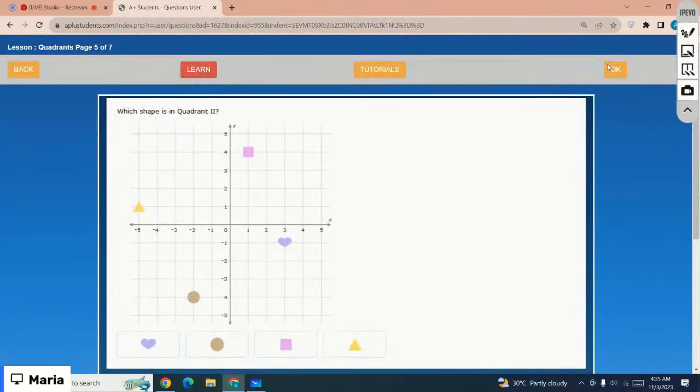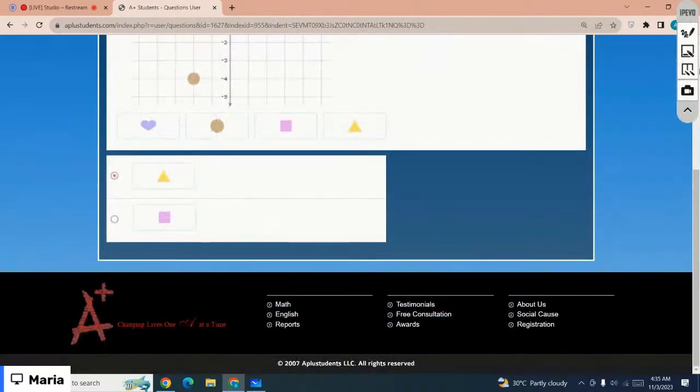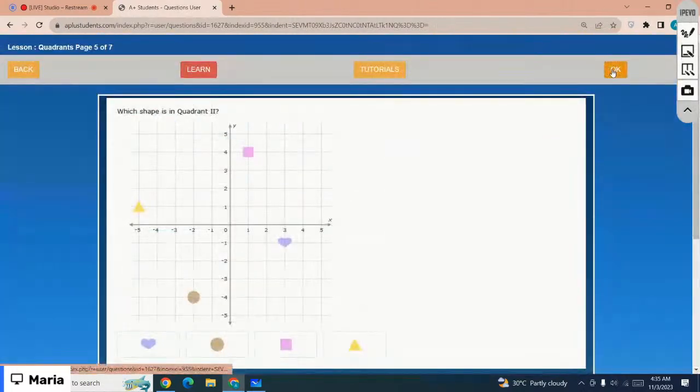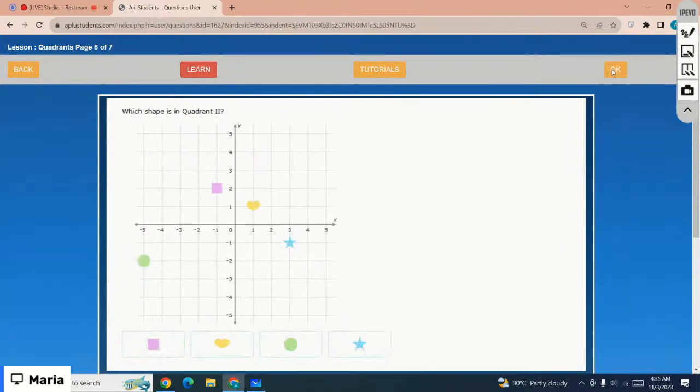What shape is in quadrant 2? Which is the correct option? You have a triangle in quadrant 2, right? What shape is in quadrant 2? Which is the correct option?